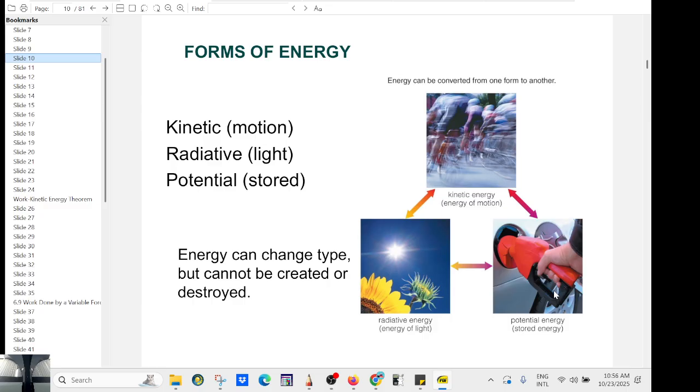Now if I have, see, when I do this, that's called elastic potential energy because of its configuration. I'm storing energy and I can let go. You can store energy in the molecules. That's how we produce ATP.